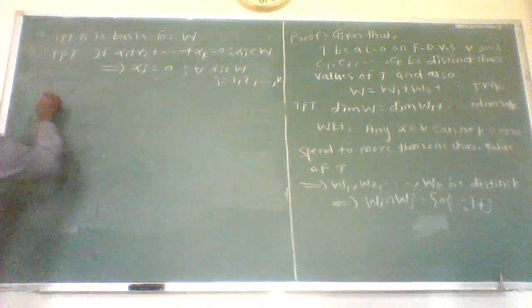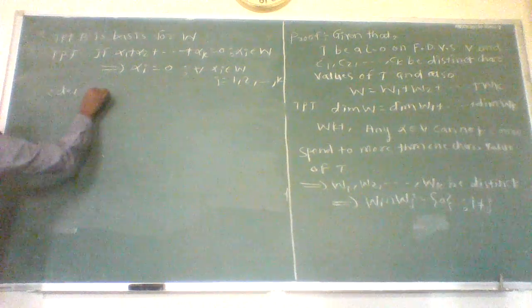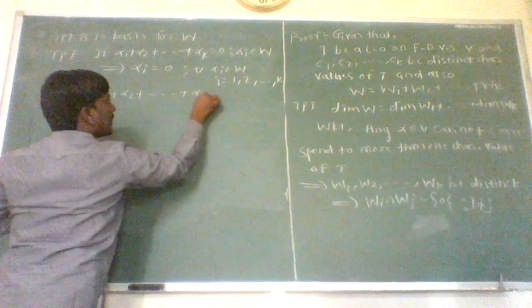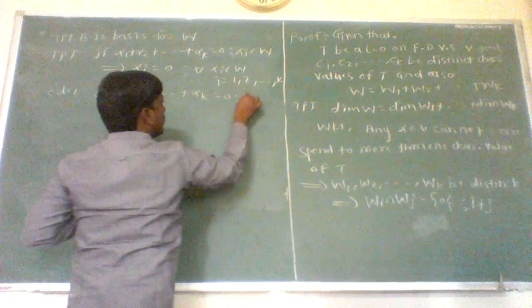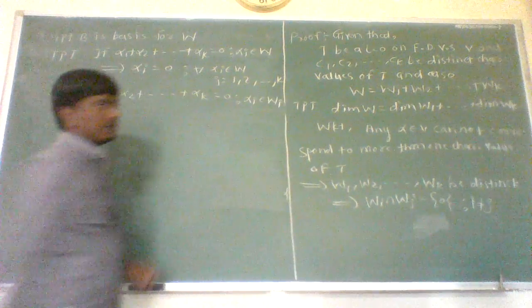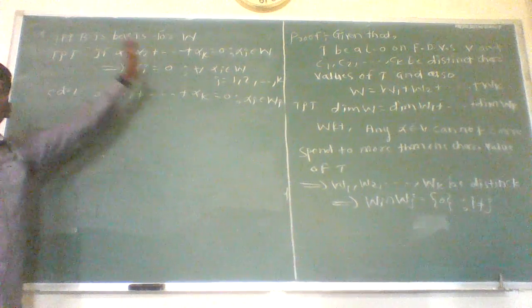Let us consider alpha 1 plus alpha 2 plus up to alpha k equal to 0, where each alpha i belongs to Wi. Okay, each alpha i belongs to Wi.